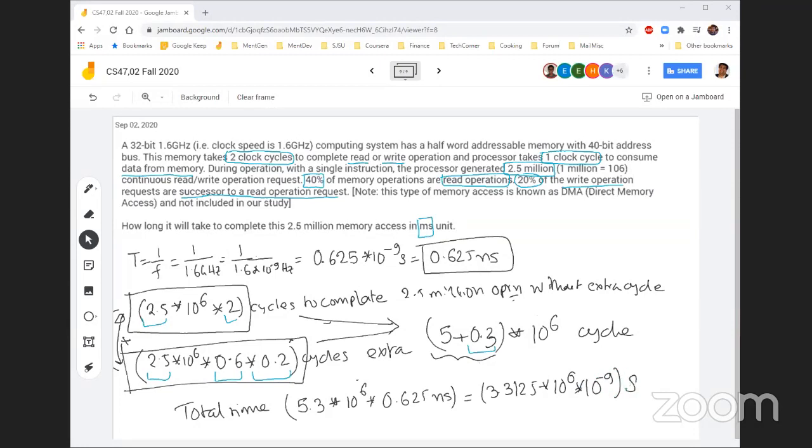Remember a nanosecond is 10 to the power minus 9 second, that's why this minus 9 came. So this is 3.3125 multiplied by 10 to the power minus 3 second, which is nothing but millisecond. That's our target: 3.3125 milliseconds, because our problem asks for the answer in milliseconds. So that's the solution of this problem. Question?